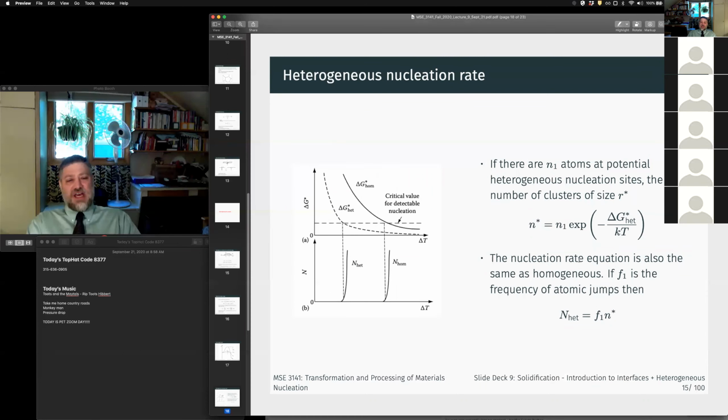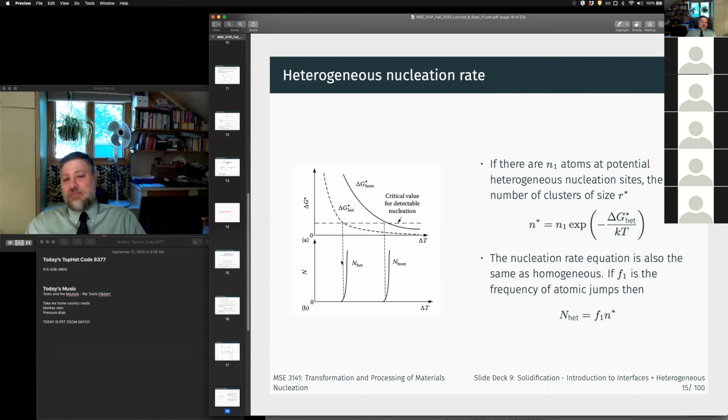We still have this exponential probabilities of cluster sizes and all that, but now we're just looking for clusters of a much smaller size. And we can even assume the same frequency of atomic jumps and all that. So our heterogeneous nucleation rate looks exactly the same as it did for the homogeneous nucleation rate.